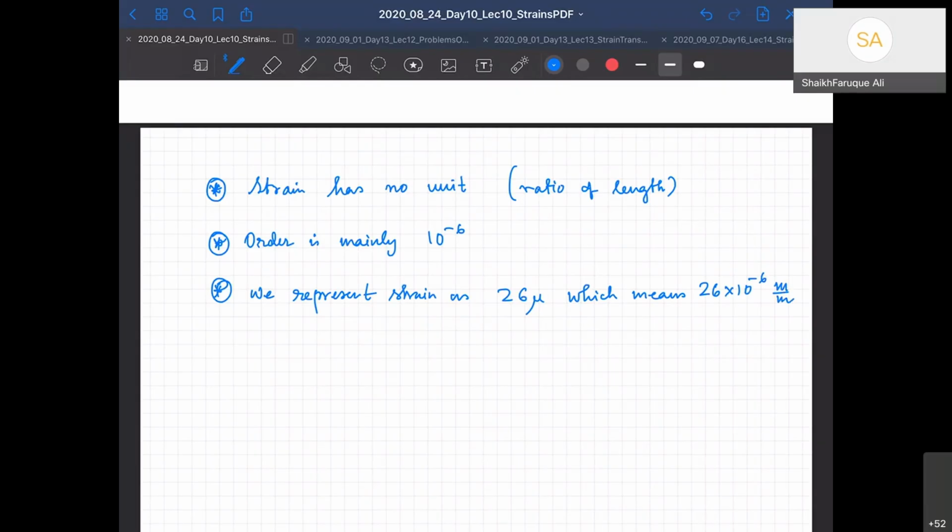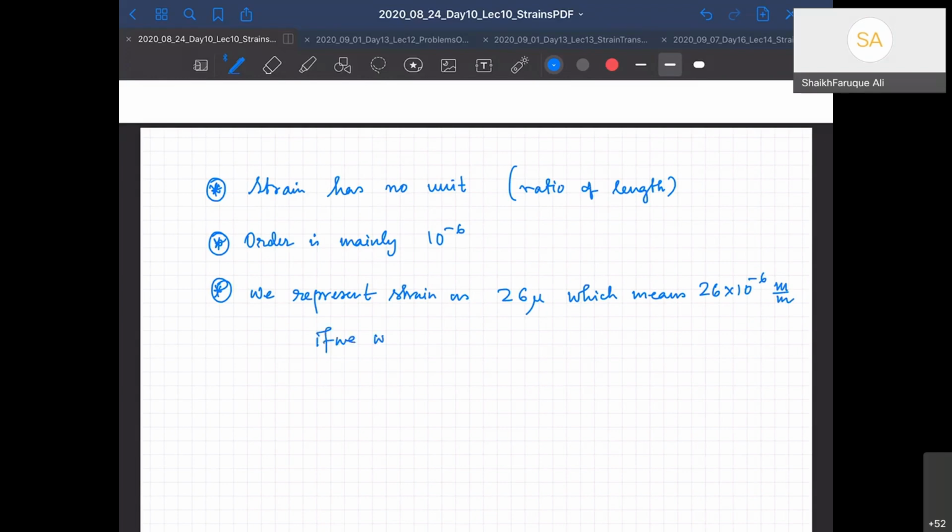Generally they are in microns, so they are in 10 to the power minus 6 most of the time. So we don't write it every time as 26 into 10 to the power minus 6. We write it as 26 micron, which means 10 to the power minus 6 meter by meter.